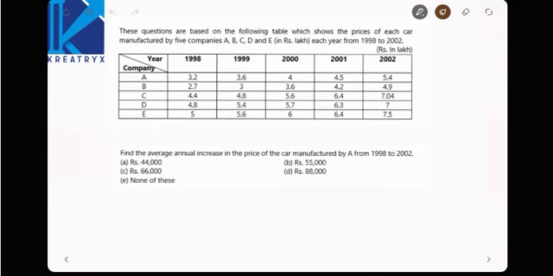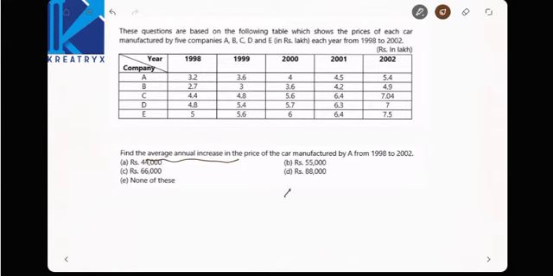Next question: find the average annual increase in the price of the car manufactured from 98 to 2000. You are asked to find out the average annual increase, right? If the question is like this, average annual increase, then we have to find out the difference between the last year and the initial year.